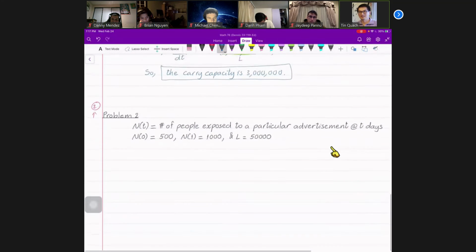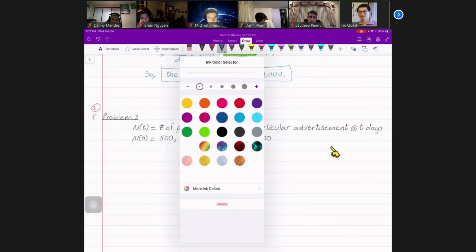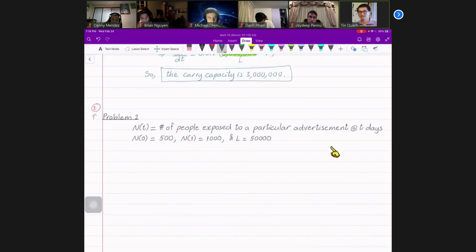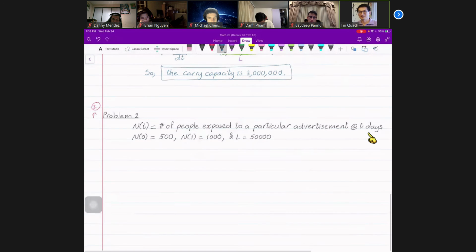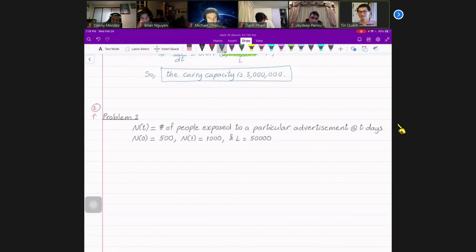All right, so it's the logistic model. So we're going to write down the logistic model for it. Okay, so we have dn/dt is equal to k n times the carrying capacity minus n, right? Okay, so that is the logistic model.